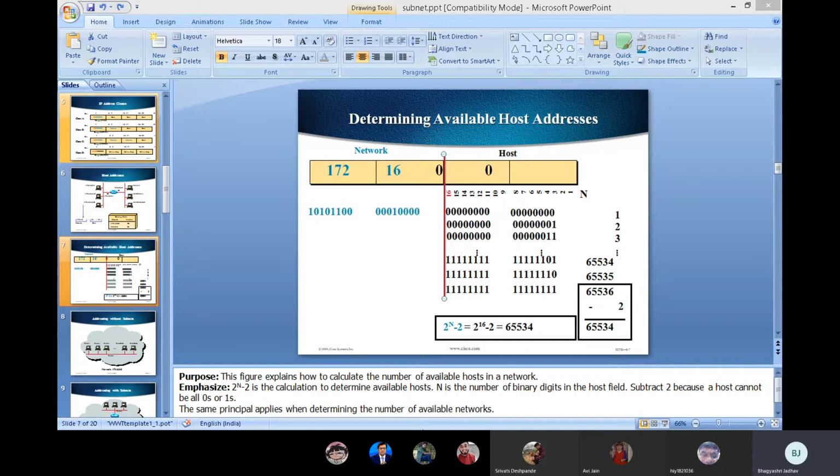A host cannot be all zeros or all ones. In this host field 16 bits are there already, but all 16 are not zeros, not ones. Then 0 and 1, these two members we are cutting from that. Because of that, we subtract 2 from that, 2 raised to 16 minus 2, and then our number will come, which means 65,534 hosts are in our network.